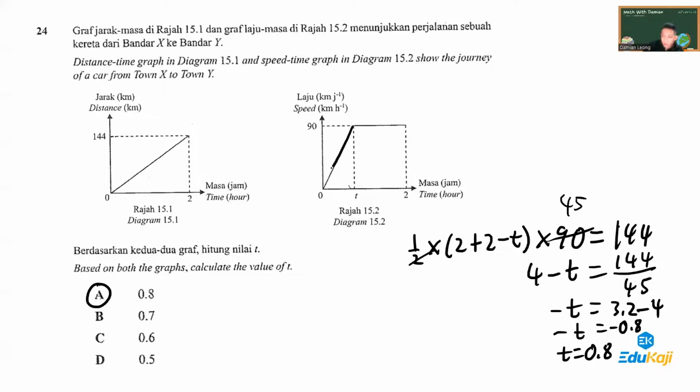But here the speed changes. So it actually doesn't make sense. But for the sake of the question, it's okay. Let's not be too particular about whether it's wrong or right. But just to let you all know, it is actually wrong.